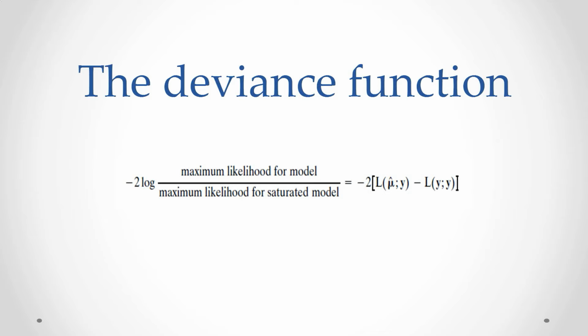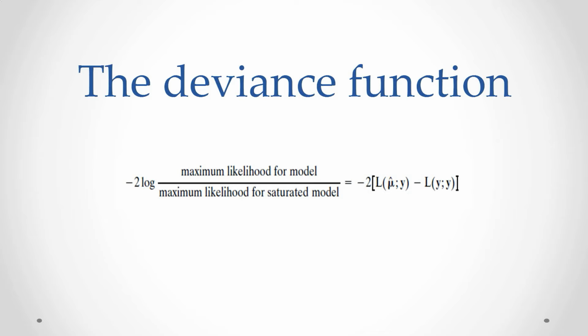The first term, that is L of mu hat, y, refers to the likelihood from my fitted model, written not as a function of the canonical parameter but as a function of the mean of y, mu, or rather a function of the fitted mean of y.